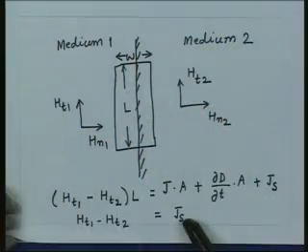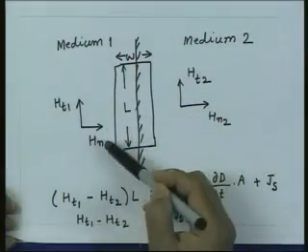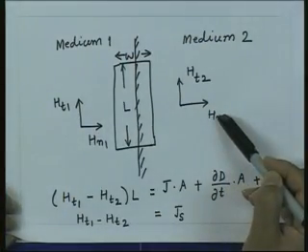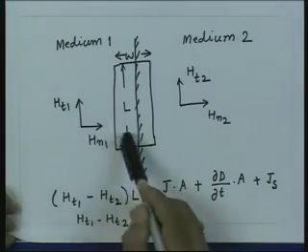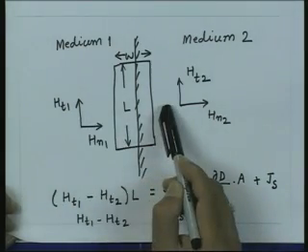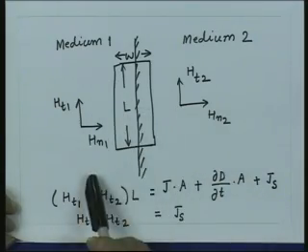Now, this boundary condition can be written more compactly. If I have total magnetic field in region 1 and region 2, then the tangential component can be obtained as the cross product of the normal to the interface and the total magnetic field.